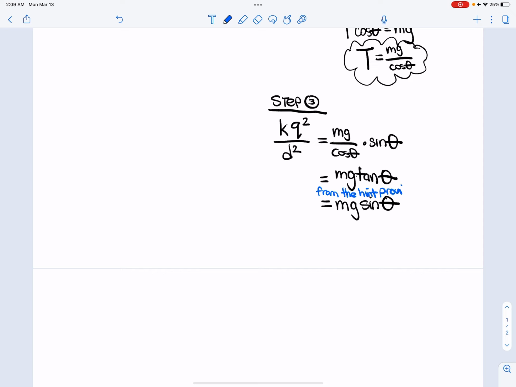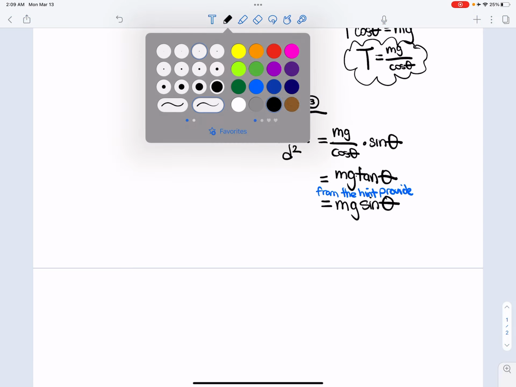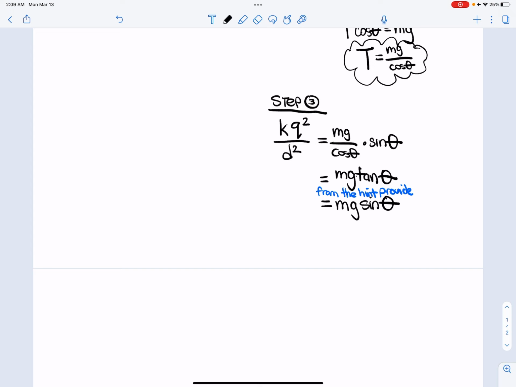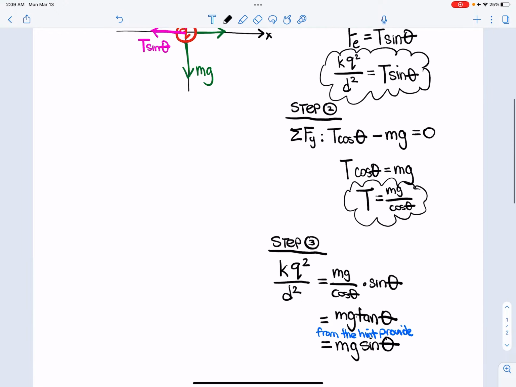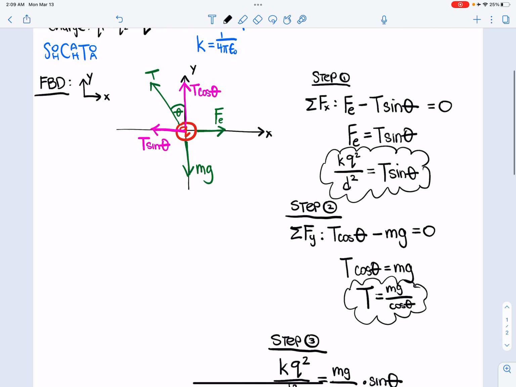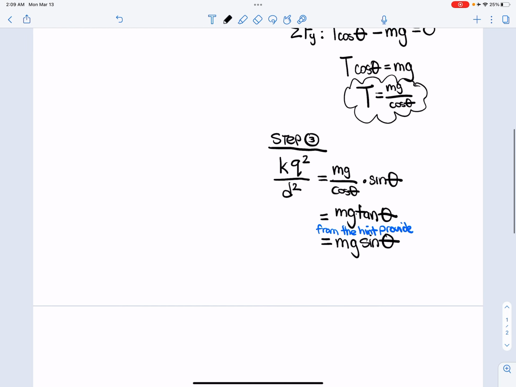If you need an explanation of why, when theta becomes very small, tangent of theta is essentially equal to sine of theta, I provided that explanation right at the beginning of the video, so you can rewind and watch that again.